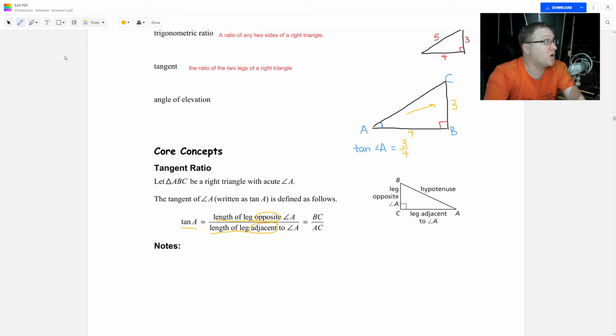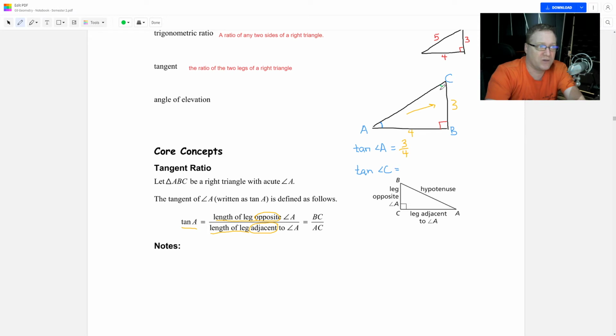Now, we could also find the tangent of angle C. All right, the tangent of angle C. All right, how do we find that? Well, which one of these sides, 4 or 3, is opposite C?